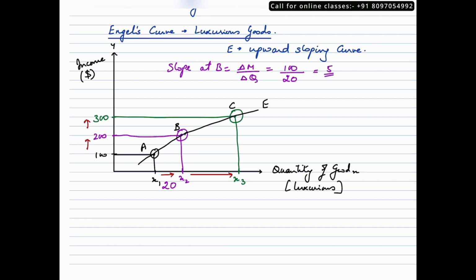Now let us take a look at slope of Engel's curve at point C. So let us say this is slope at point C. Again, the formula still remains the same. It's change in money income over change in quantity. So change in money income remains constant. It is steady at $100.